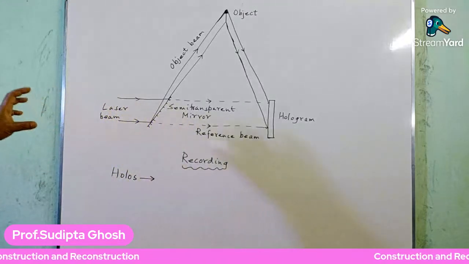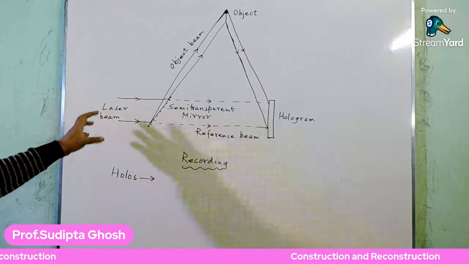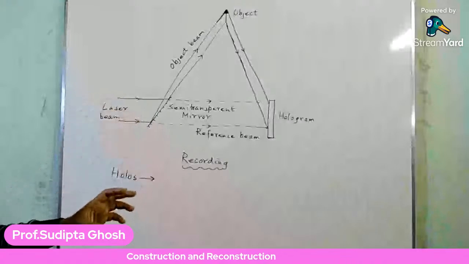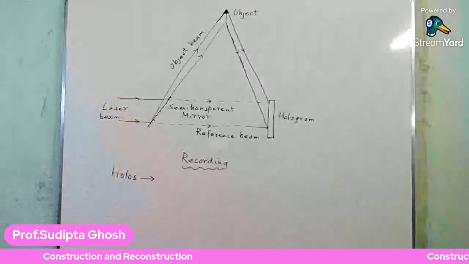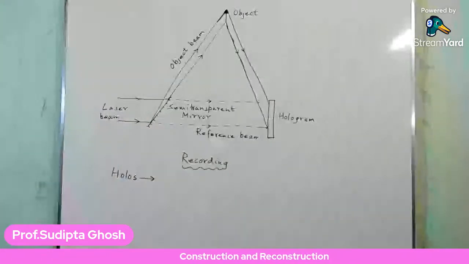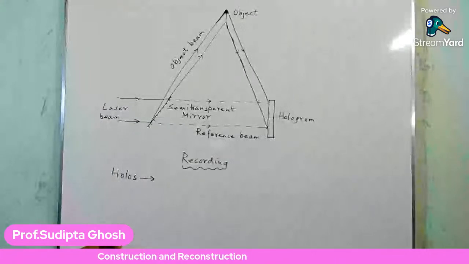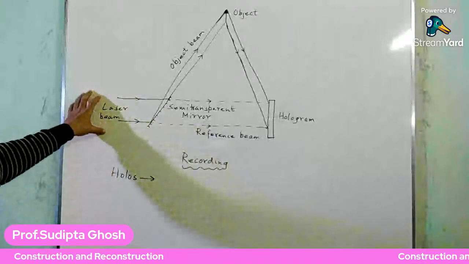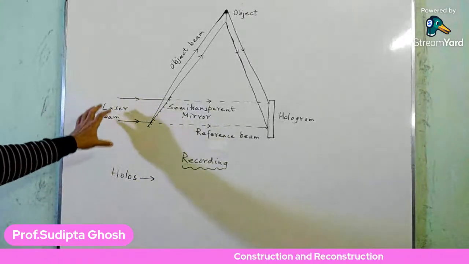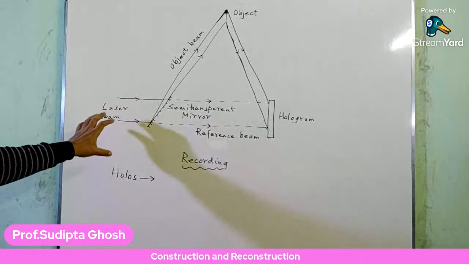Why is a laser beam required? Because coherent beams are required. As we know, no other light can produce a coherent beam, so a coherent source means laser. So I have taken a laser beam, and here the beam of coherent light from the laser is split into two.